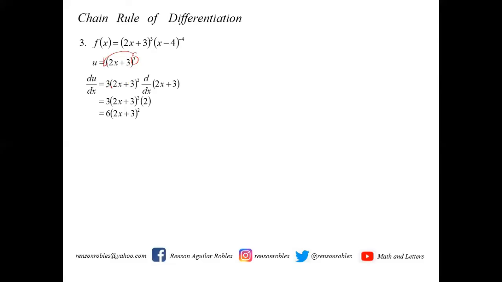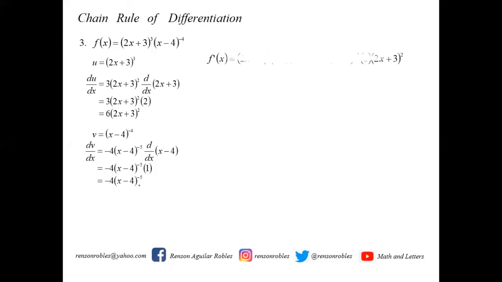So that's 3, copy 2x plus 3, then you subtract 1, that will become 2, times the derivative of 2x plus 3. And the derivative of 2x plus 3 is 2. And then you shall have 6 times the quantity 2x plus 3 to the second power. And then v is equal to x minus 4 to the negative 4. And its derivative is negative 4 times x minus 4 to the negative 5.